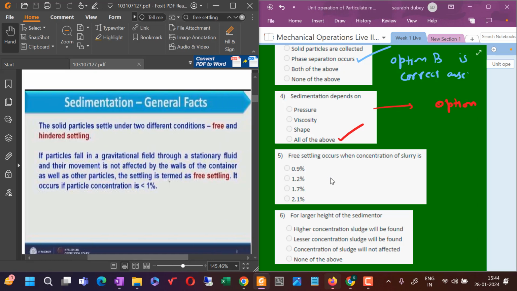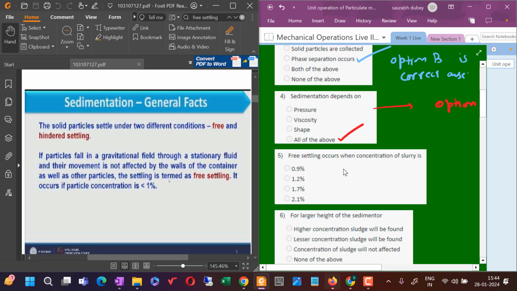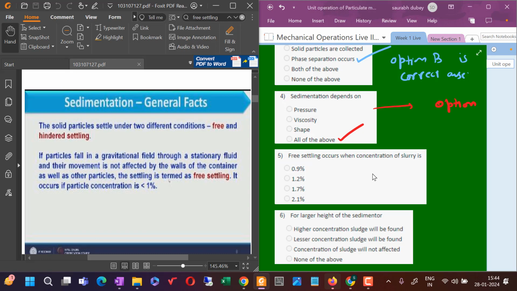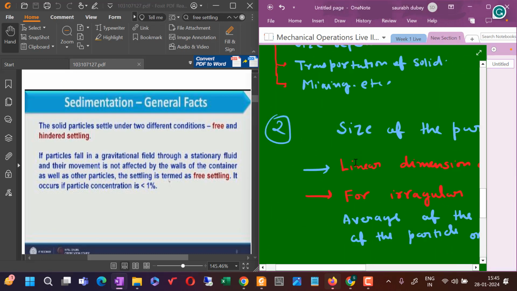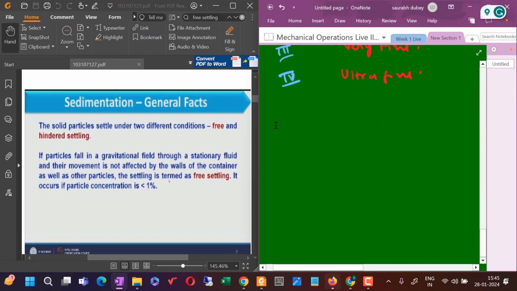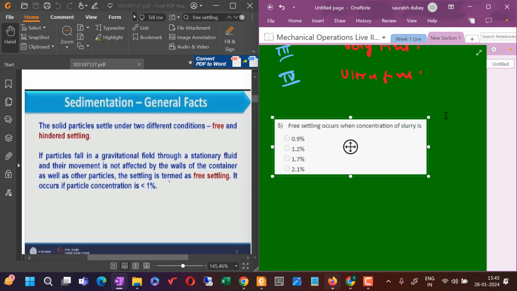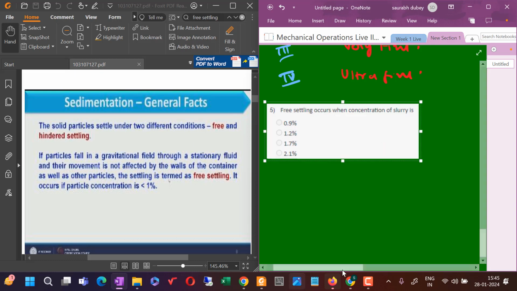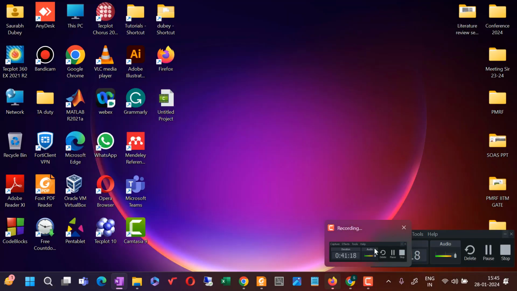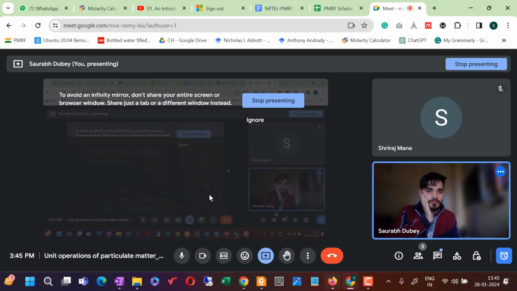So this question is straightforward. First of all, what is free settling and hindered settling? Then things will be more clear. Sri Raj, have you gone through the lectures? Okay, so let me tell you.